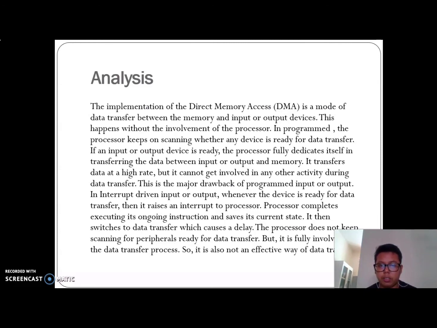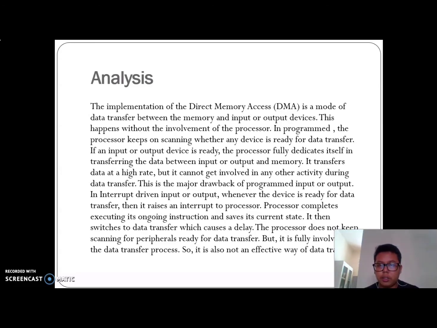In interrupt driven input or output, whenever the device is ready for data transfer, it raises an interrupt to the processor. The processor completes executing its ongoing instruction and saves its current state.